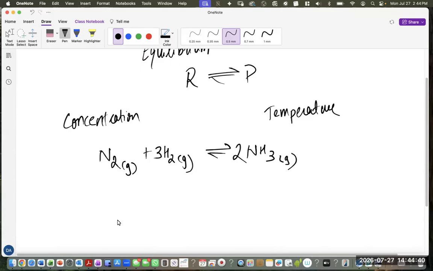Now, this is actually a very important reaction that happens in industry because this makes ammonia, and ammonia is used in fertilizer. So there's a lot of energy actually spent to just do this reaction. It's very hard to convert nitrogen and hydrogen from the air and change it to ammonia, which is the actual useful form of nitrogen.